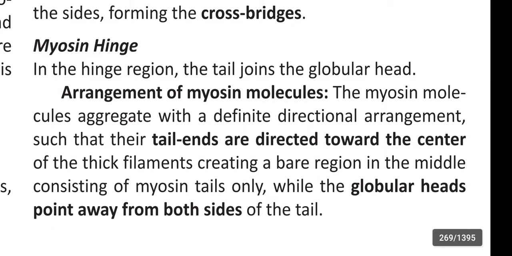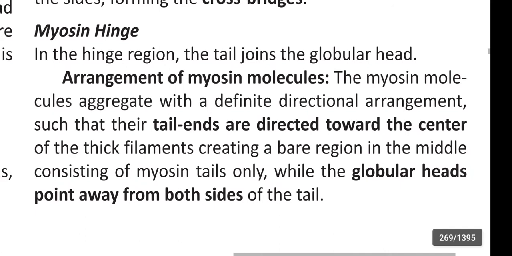The myosin molecules aggregate with a definite directional arrangement such that their tail ends are directed towards the center of the thick filament, creating a bare region in the middle consisting of myosin tails only, while the globular heads point away from both sides of the tail.